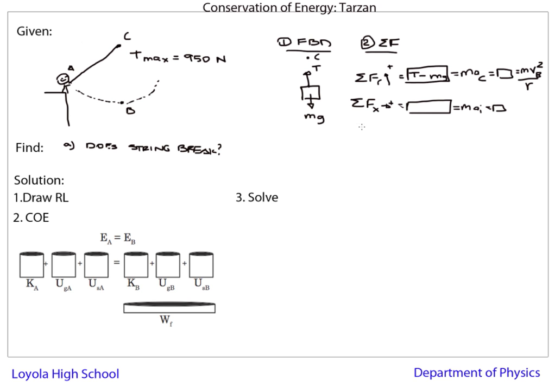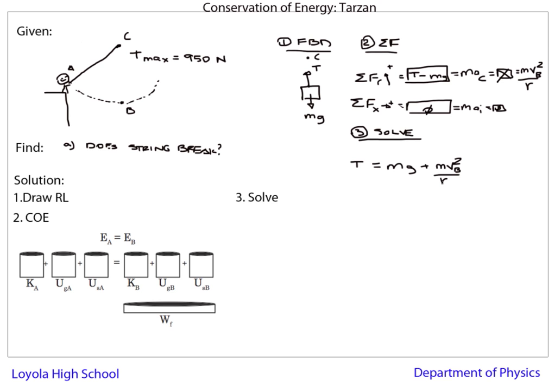So the tension in the string, if I solve for T, is equal to mg plus mv_b squared over r. So the tension is composed of two things, the weight itself, plus this extra force needed to keep him in the circle of radius r when he's going velocity v.